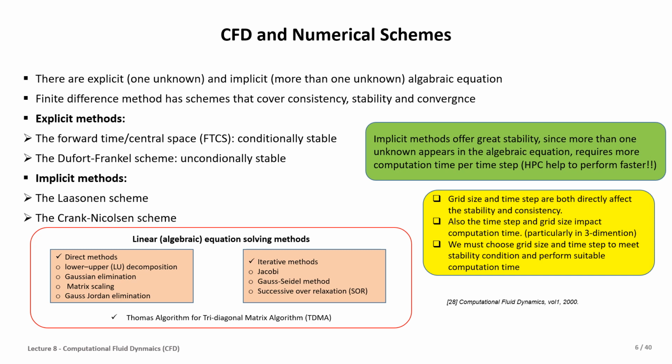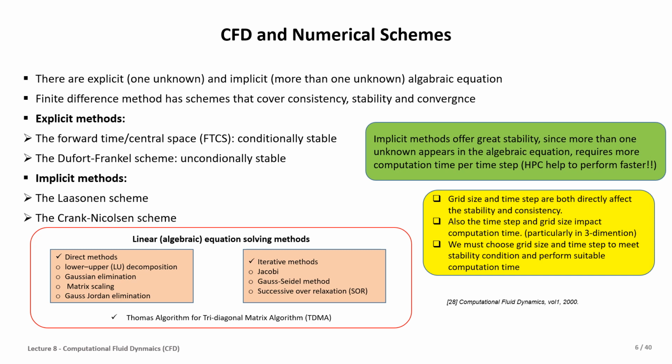Regarding the size of the meshes, the grid size and time step both directly affect stability and consistency. Also, the time step and grid size impact the computation time. So we can see here, if we want to get stability and consistency, we should choose the right grid size and time step.